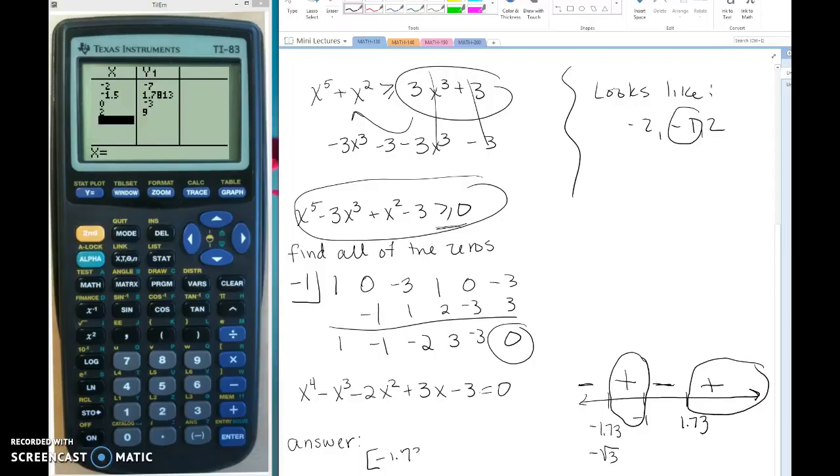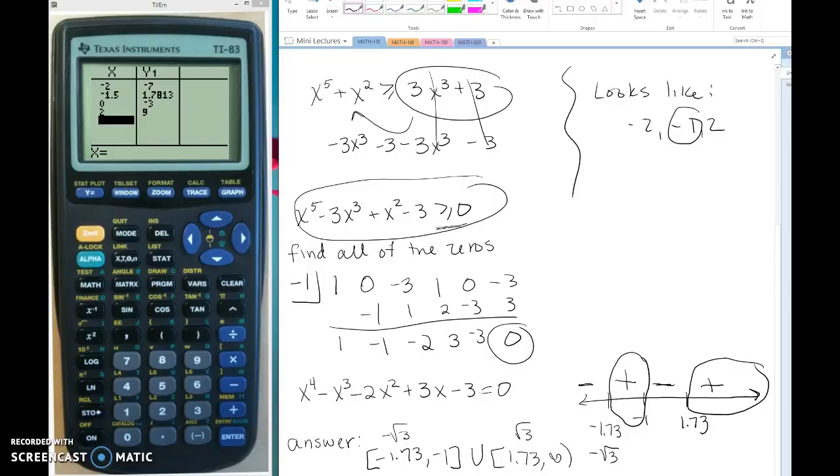Now remember, MathXL did negative square root of 3, but again, I'm not quite sure how they were expecting you to actually get to that square root value. Up to negative 1. Then union, we're going to pick up at 1.73. They'll have square root of 3, but that's okay. Up to infinity. So that would be our answer. MathXL would have a negative square root of 3 there and a square root of 3 there, but I would give you credit for that.